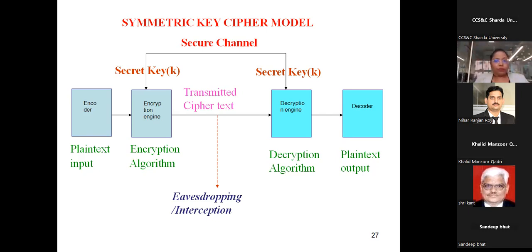And once it's done, it is transformed into the cipher text. That is what you call the cipher bits. And it goes to the decryption engine. It will decrypt it and then again convert it to the plain text form as output.